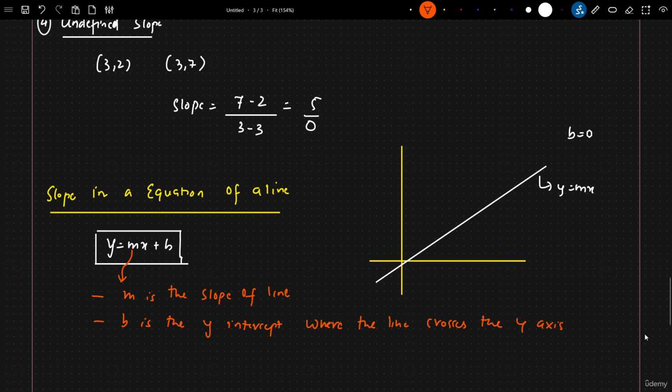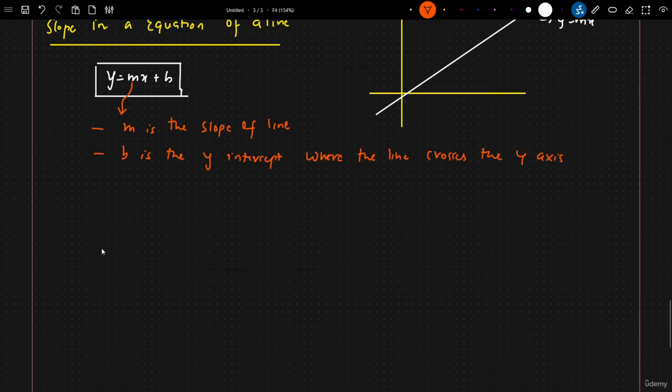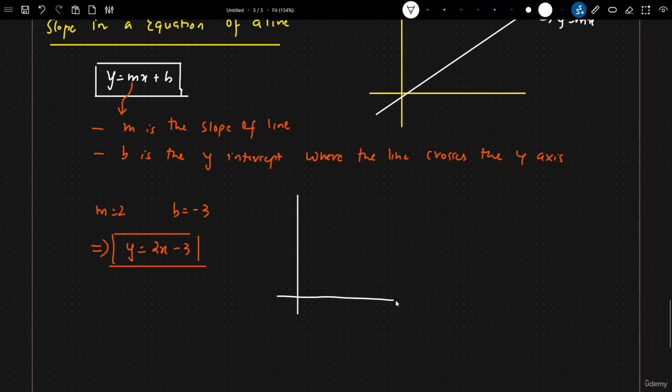Now, let's say the slope m is equal to 2 and the intercept b is equal to -3, then the equation of the line can be written as y is equal to 2x minus 3. So this is how we can write, and we can even construct how our line should look in the coordinate system. Let's consider this is -1, -2, -3.